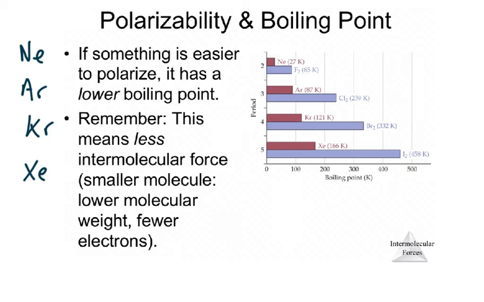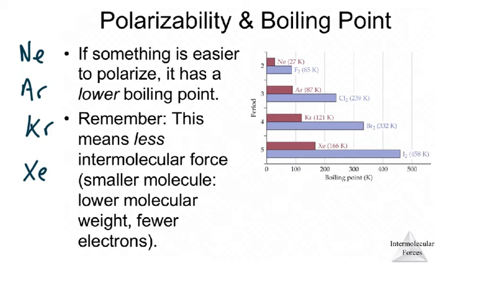So the neon polarizes really easily. It doesn't really have a lot of electrons. And since it has very few electrons, it's not as polarizable in terms of the distortion of the electron cloud. It won't get as distorted. And what's going to result is a very low boiling point.